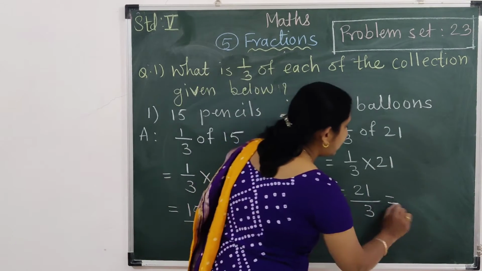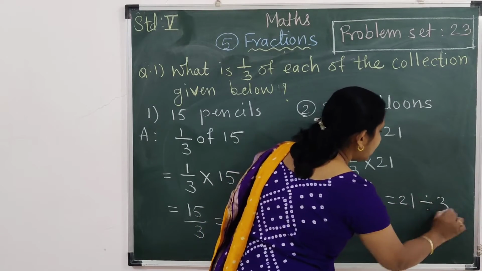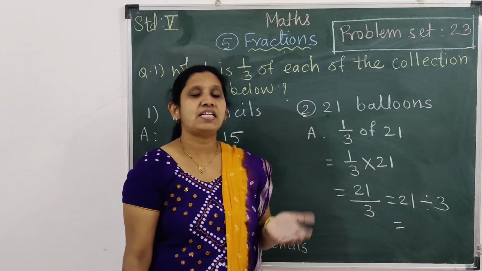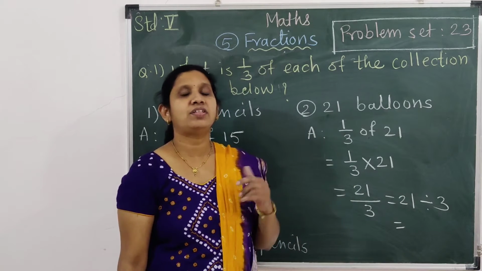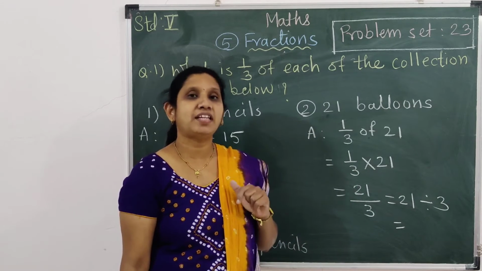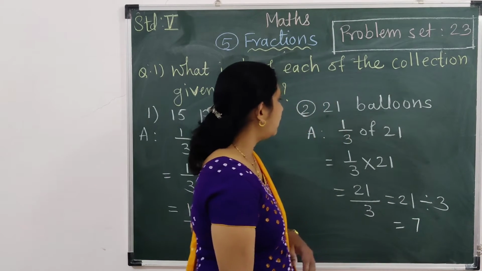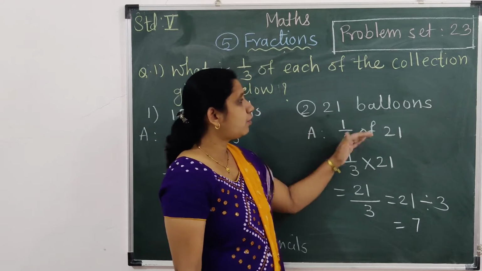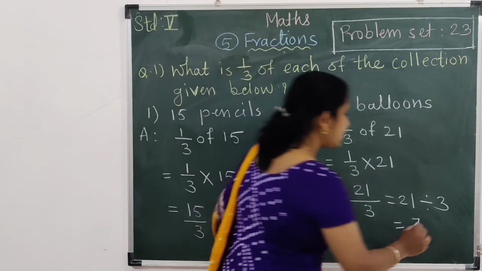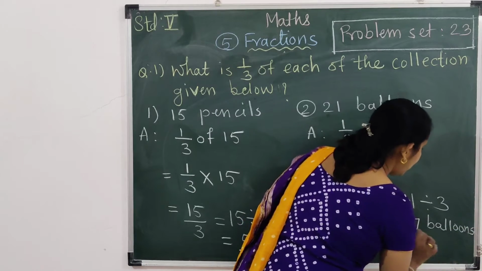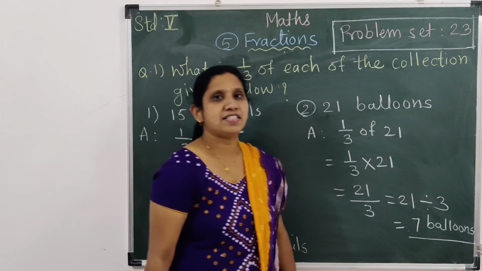Means 21 divided by 3. So 3 1s are 3, 3 2s are 6, 3 3s are 9, 3 4s are 12, 3 5s are 15, 3 6s are 18 and 3 7s are 21. So what is the 1/3 of 21 balloons? It is 7 balloons.